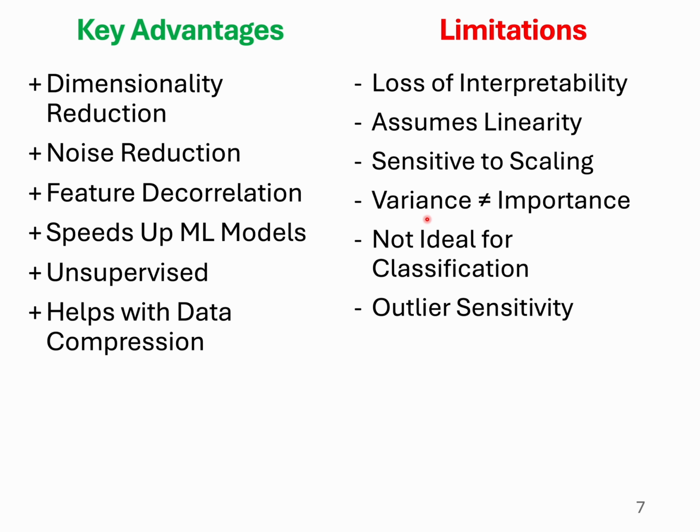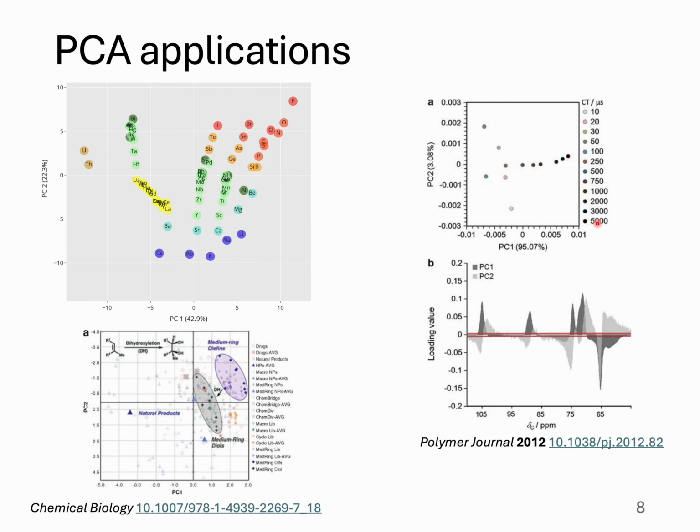But there are still big limitations: it assumes that our data is linear, which is not the case for all types of data, and variance does not equal importance. That said, PCA has a ton of real-world applications, from analyzing polymers to identifying biological clusters, and in our activity we're going to cover creating an element map using PCA.